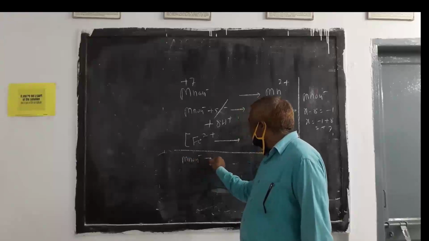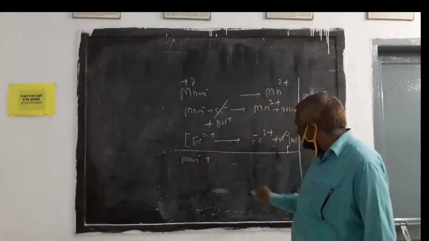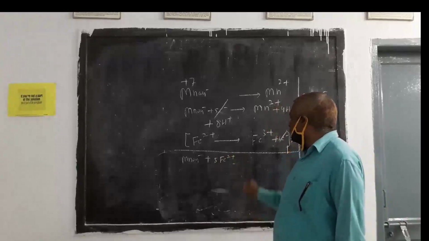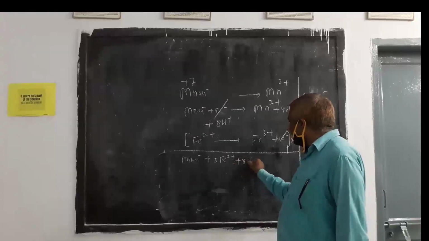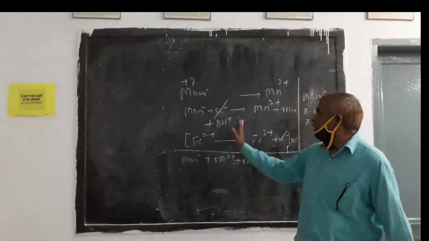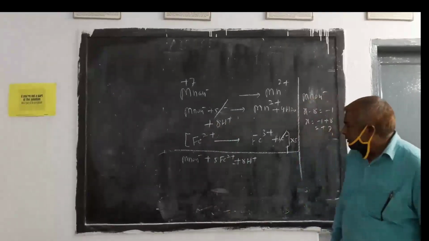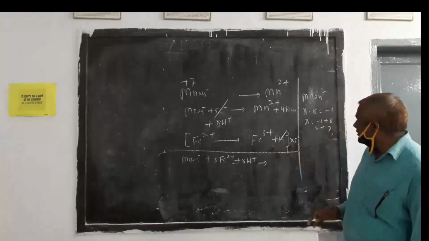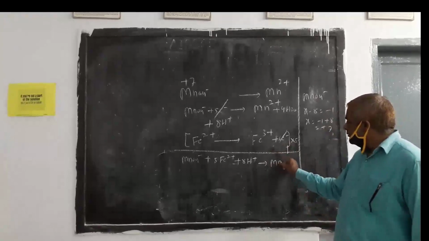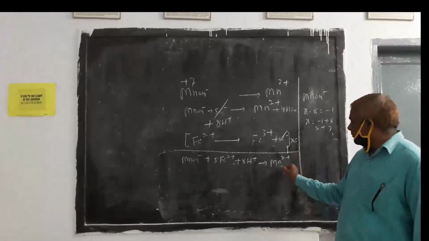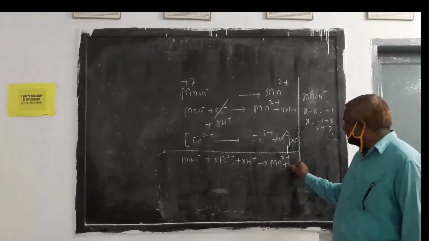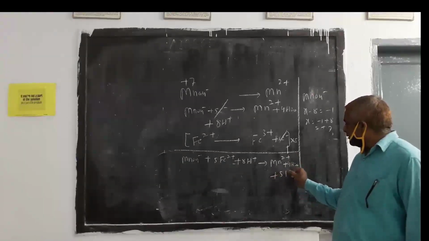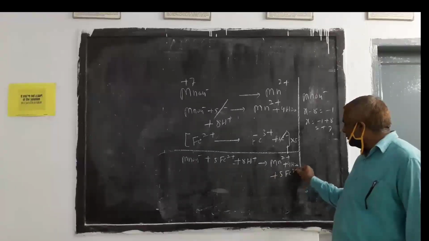Now the overall reaction: MnO4 minus plus 5 Fe2 plus plus 8 H plus, meaning all reactants added on the left side, then all products added on the right side: Mn2 plus plus 4 H2O plus 5 Fe3 plus.